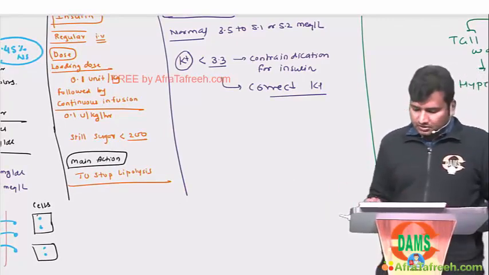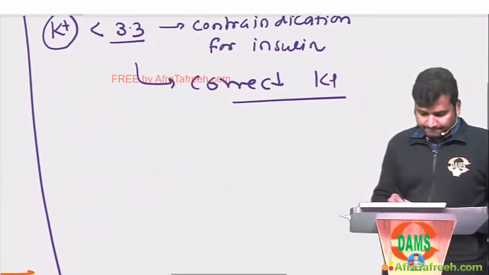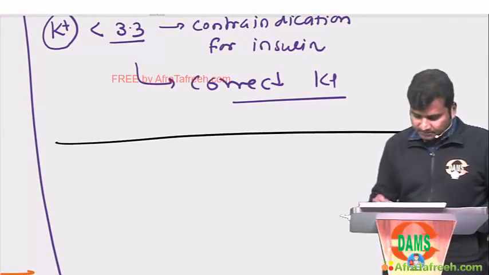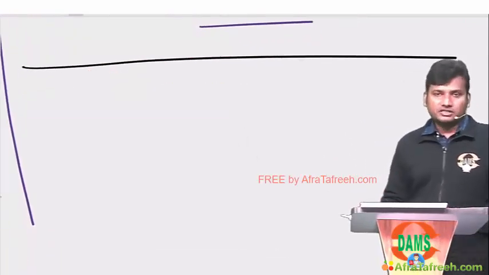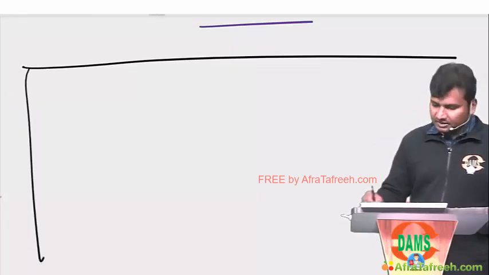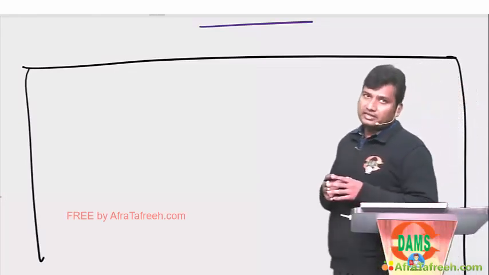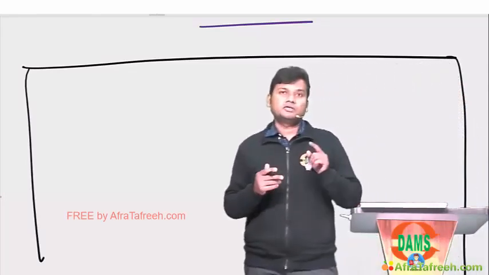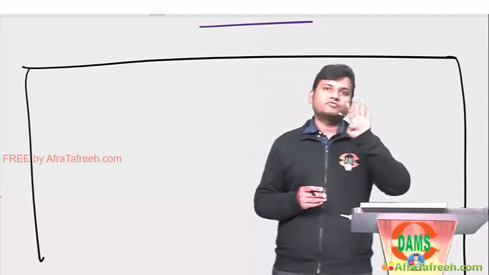Now, what are the treatment guidelines given in Harrison for potassium? Now suppose patient is a case of diabetic ketoacidosis. According to Harrison, in a patient of diabetic ketoacidosis, or any patient if you are giving insulin intravenously, you have to check potassium 4-hourly.